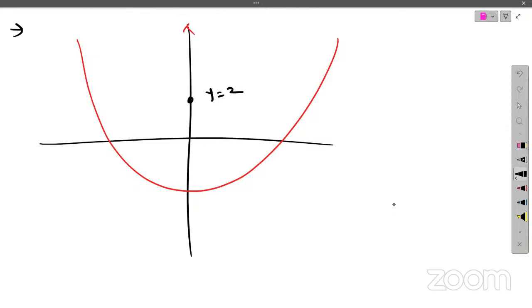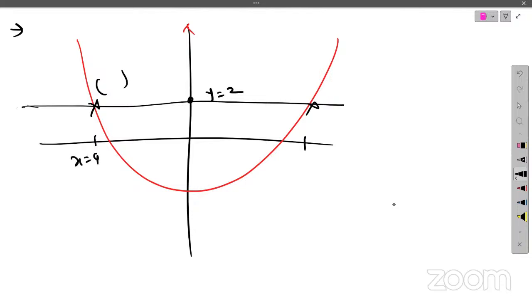For this y value, I have two input points, because if you draw a line here, it will intersect our graph twice. Suppose these are x equals a and x equals b. The coordinates of this point are (a, 2) and of this point are (b, 2). So for these two values a and b, our output is 2.